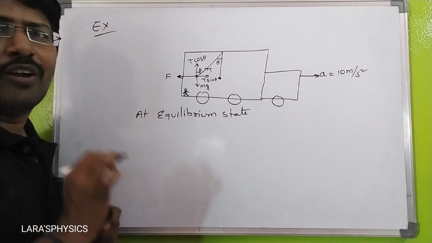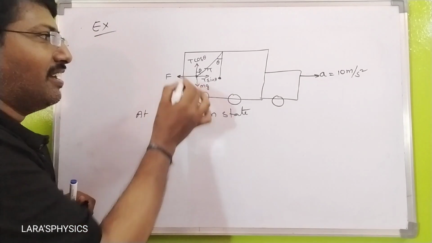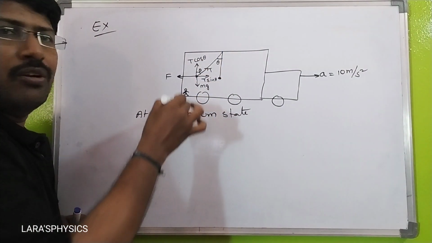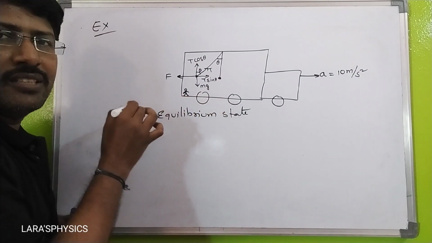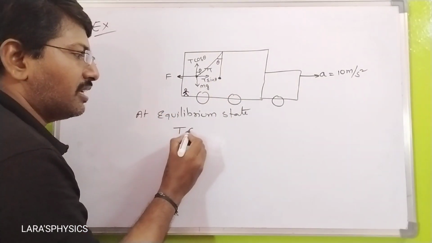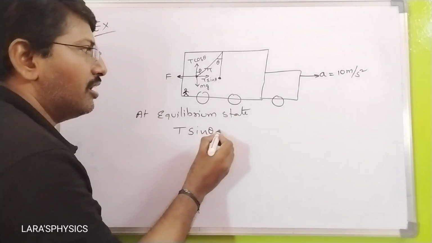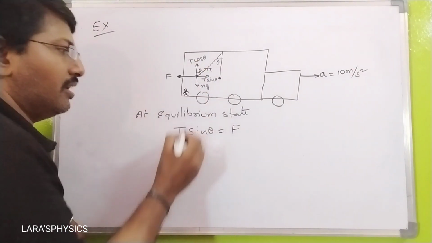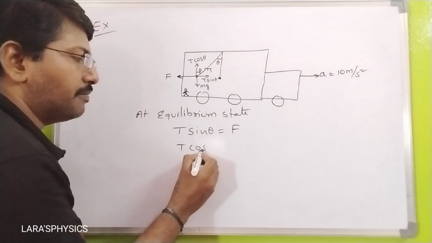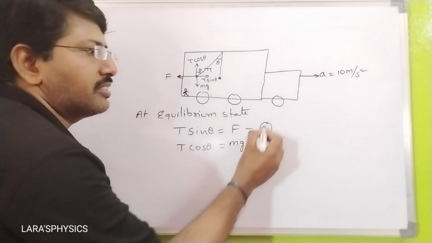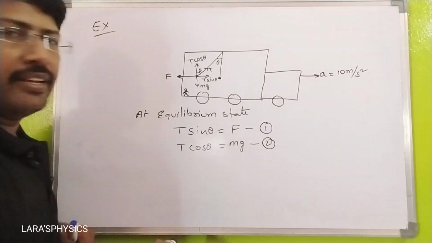I will tell you one shortcut trick. Now it is in equilibrium position, so upward forces are equal to downward forces, LHS is equal to RHS. Along the x-axis, T sin theta is equal to the pseudo force. Next, T cos theta is equal to mg. I consider this the first equation and this the second equation.